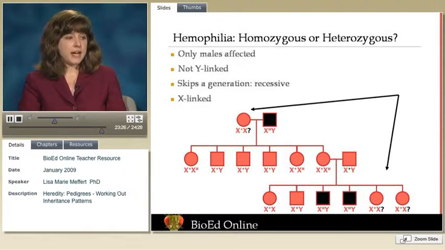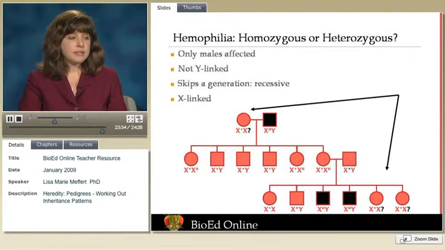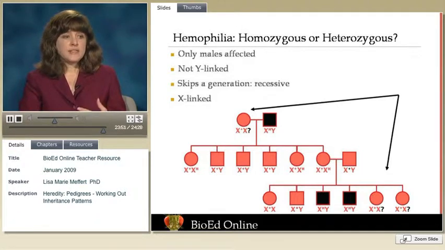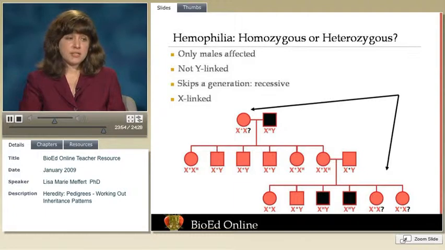We do know that we did skip generations, so it's a recessive allele. We know that it's X-linked, but we still haven't been able to completely solve the puzzle for whether or not these females are carriers or they're homozygous for the normal allele. What we can say is that in disease states, those chromosomes that have the diseases tend to be in low frequency in a population because they have some kind of debilitating effect on the individuals who actually express the trait.